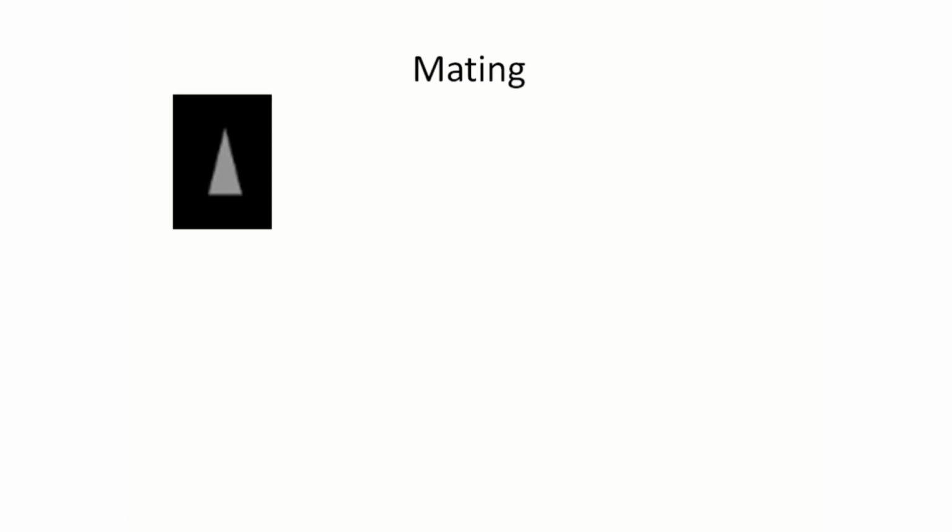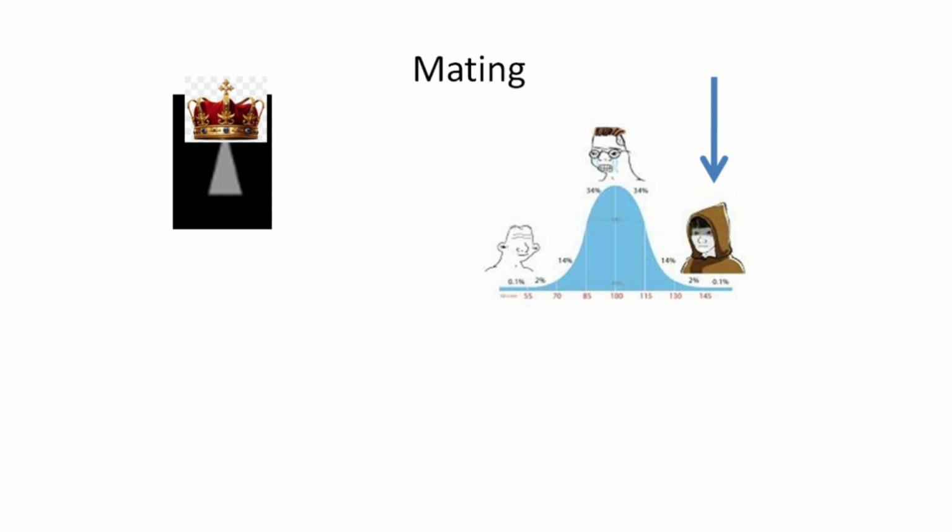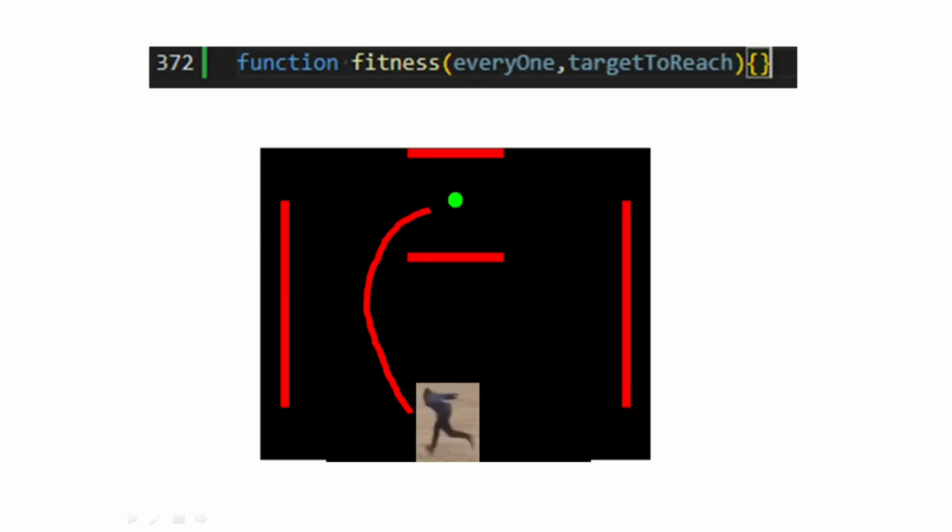Now we can also define mating for this problem. Mating is the process in which the next generation is generated, for which we will choose the best solutions. But how would we know which organisms are the best solutions? We will define this using a fitness function. So what is a fitness function?